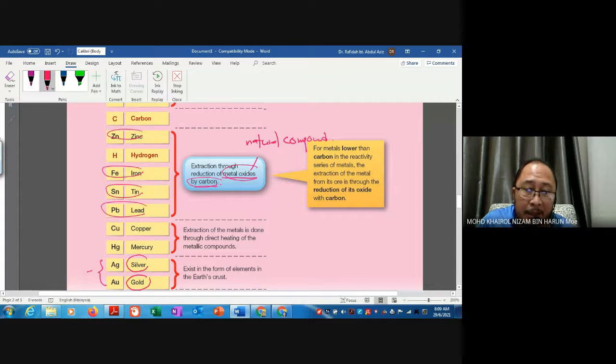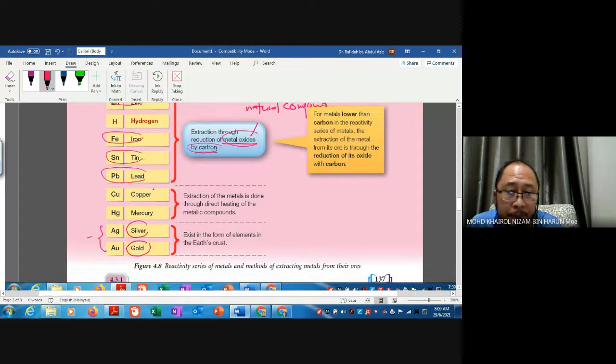Okay, next, for copper and mercury. The extraction of this metal is based on the direct heating of the metallic compound.